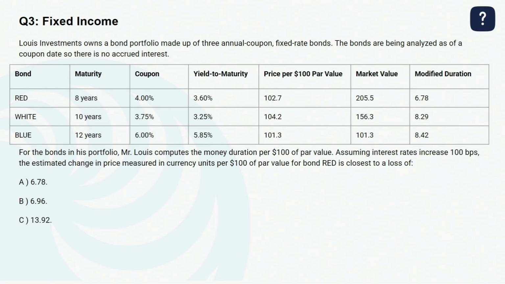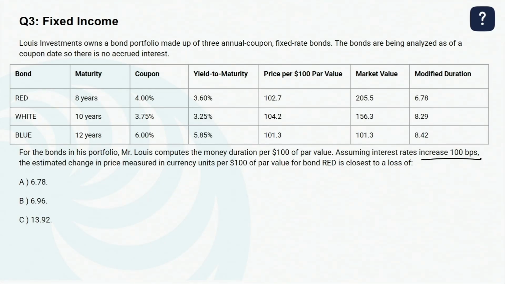Now we're going to be looking at calculating money duration. In this example, we're looking at an interest rate increase of 100 basis points, and we're looking at the red bond. So we've got a modified duration of 6.78.